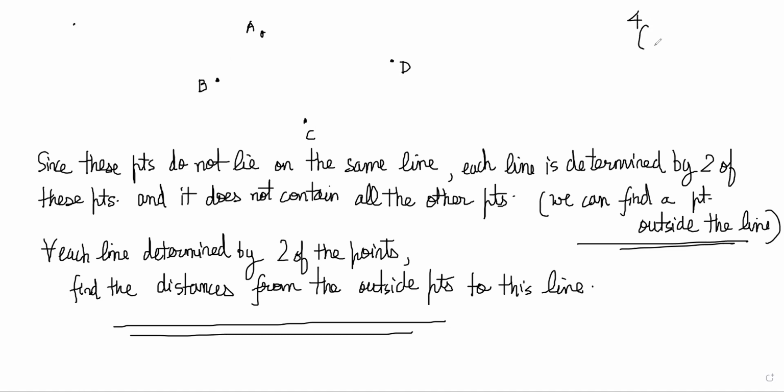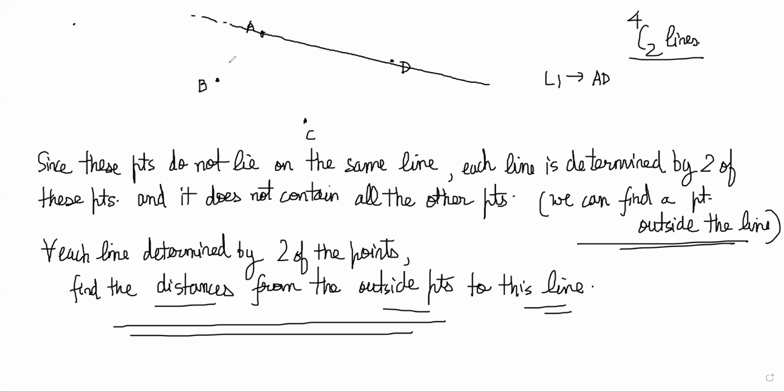We can make 4C2 lines, right? We can make basically 6 lines. Let's say one line is AD. So line 1 is line AD, and I want you to find the distances from the outside points to this line. So basically the distance here, this distance and this distance, right? So distance of B to AD and distance of C to AD.